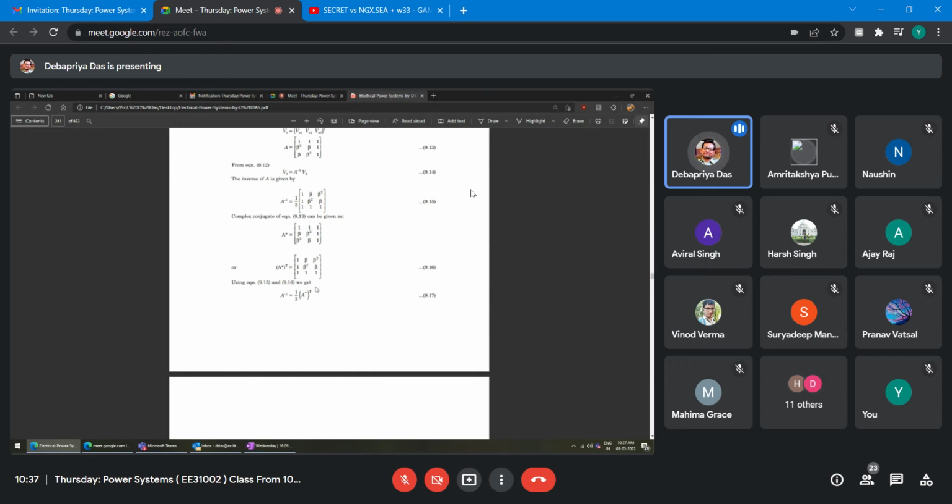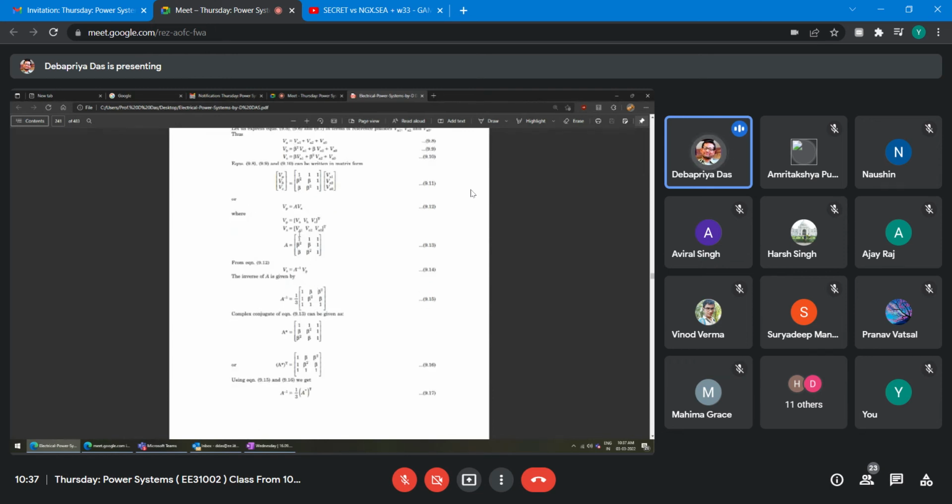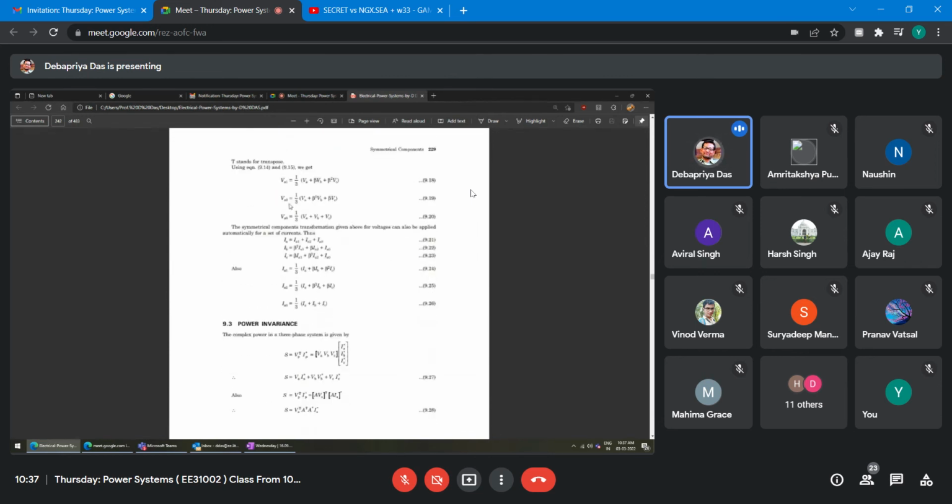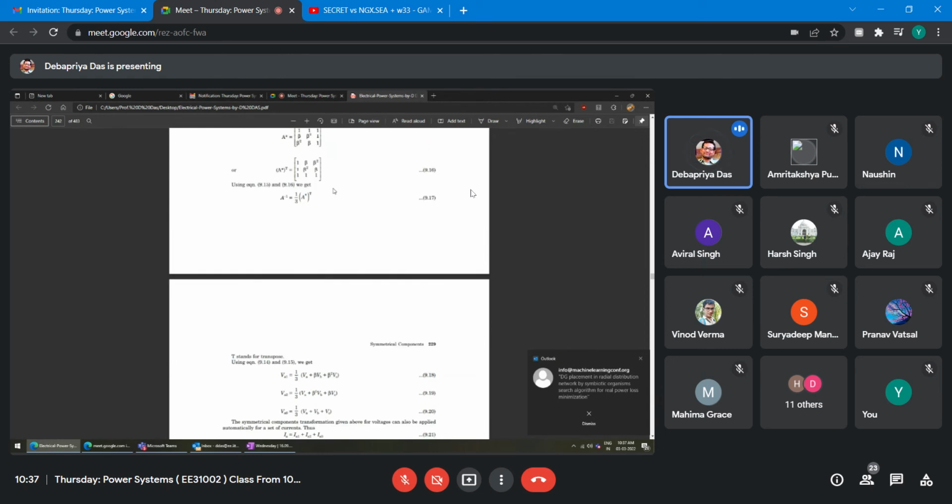Therefore, from this equation, this is your A inverse, 1/3 of this matrix, and Vs is equal to Va1, Va2, Va0, and this is A inverse. Vp is Va, Vb, Vc. Therefore, Va1 is 1/3 Va plus beta Vb plus beta square Vc.